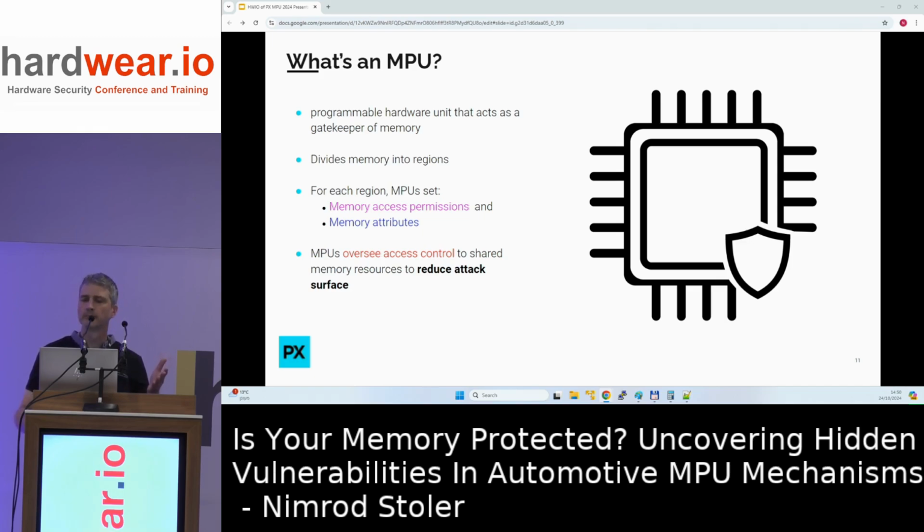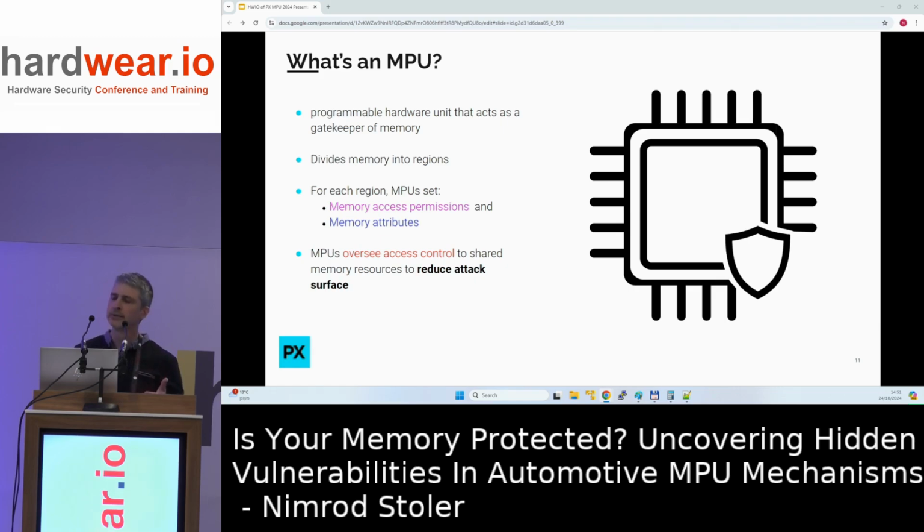So what's an MPU? A memory protection unit is a programmable hardware unit that acts as a gatekeeper of memory. In its basic configuration, it enables the system designer to divide the memory into regions, and for each of those regions, set memory access permissions, meaning who can access the memory, such as privileged processes only, privileged and non-privileged processes, or perhaps no access at all, and set memory attributes, meaning what type of access is allowed to that memory region.